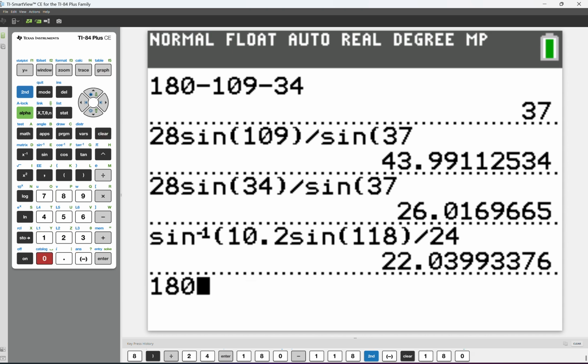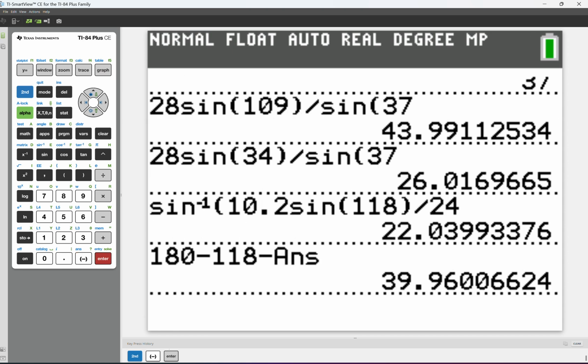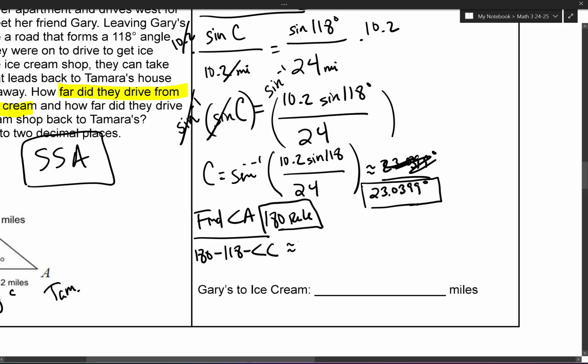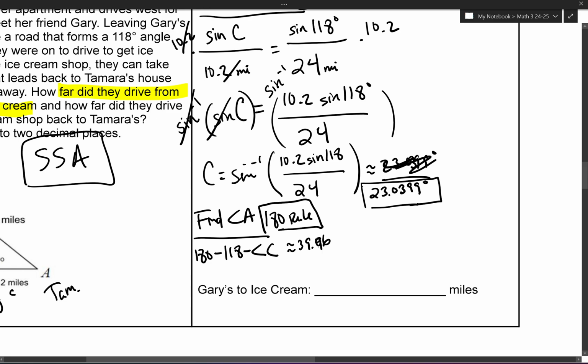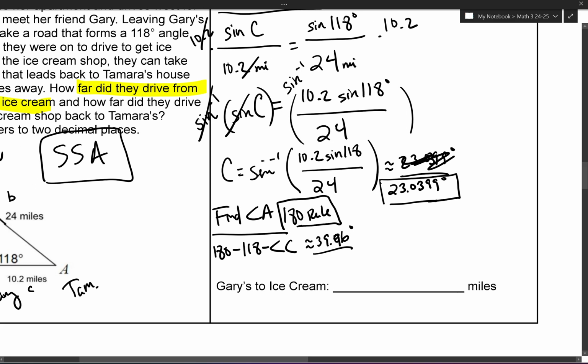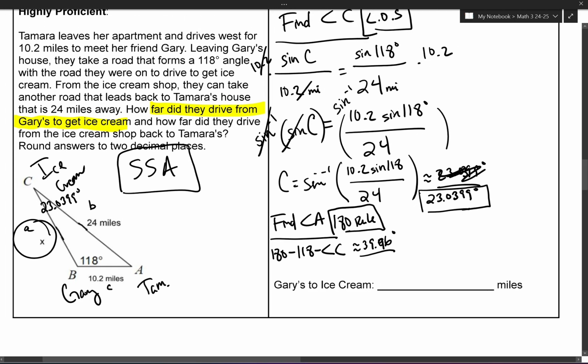So 180 minus 118 minus, in order to grab that recent calculation, I click second answer. And I get 39.96 degrees. Not there, not done.